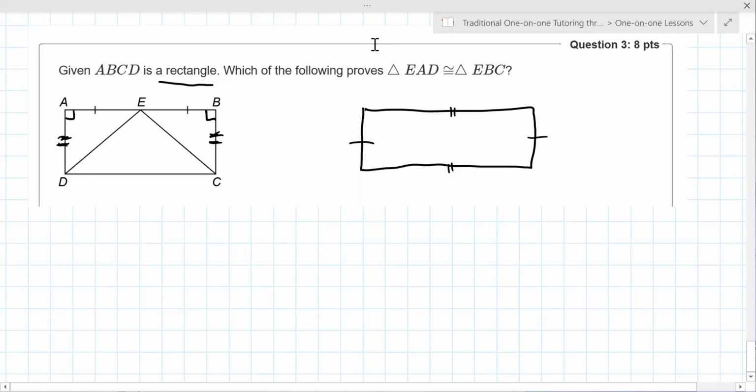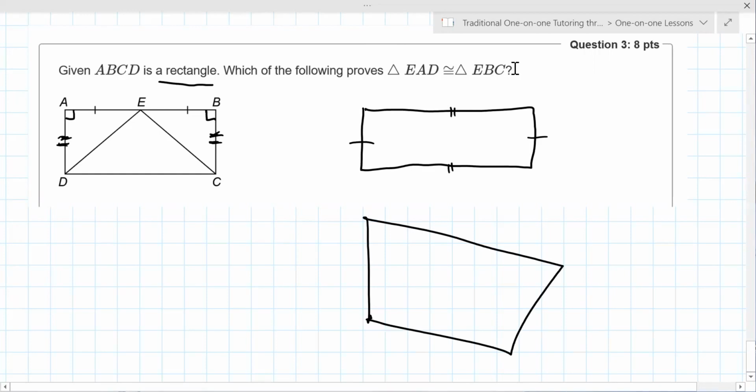They don't all have the same sides. No, but the ones across from each other, what are they? Is that a rectangle? No, that's not. Why? For one, it doesn't even really look like a rectangle.